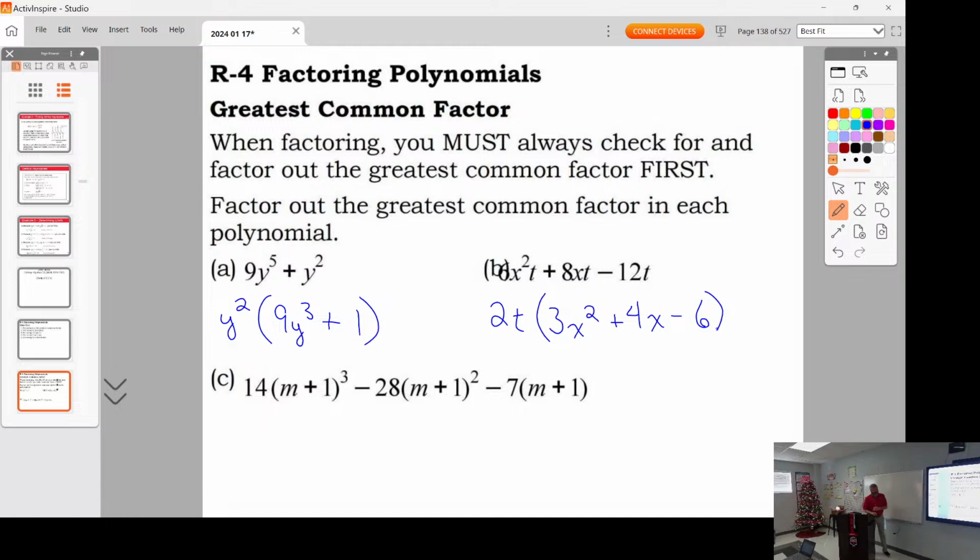Part C. We have 14 times m plus 1 cubed minus 28 times m plus 1 squared minus 7 times m plus 1. Looking at the coefficients of 14, negative 28, and negative 7, can you factor anything out of those? 7 goes into all of those.